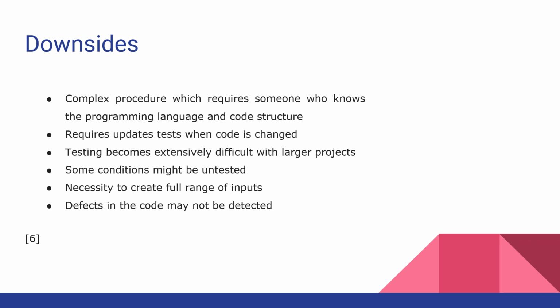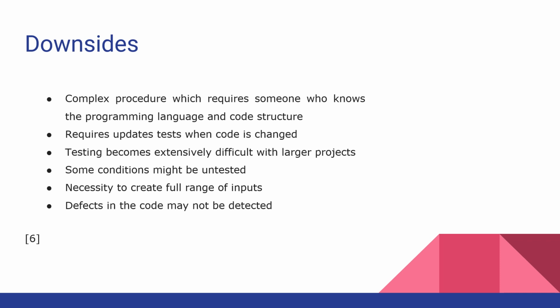Due to all the different test cases possible, some conditions may go untested. These tests need an extensive amount of input to test each path and condition, and that makes the white box testing method time consuming.